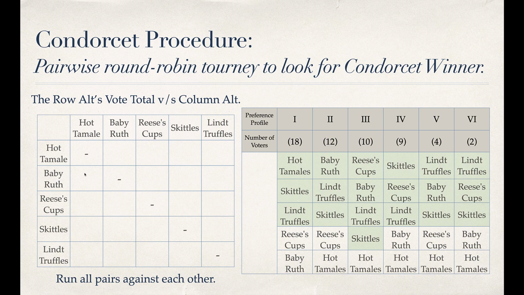Where does hot tamales' total go? It goes in the hot tamales versus Baby Ruth cell. So the total in the box is the total for the row alternative. And if this is confusing, don't write it out this way. Just write out each pair, hot tamales versus Baby Ruth, and do the pairwise vote.